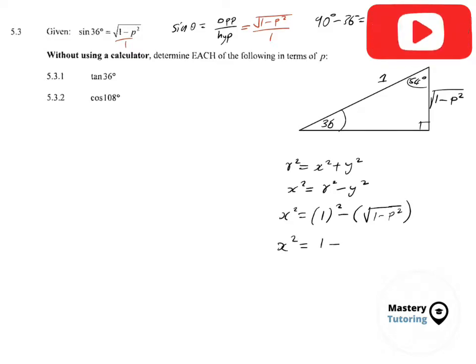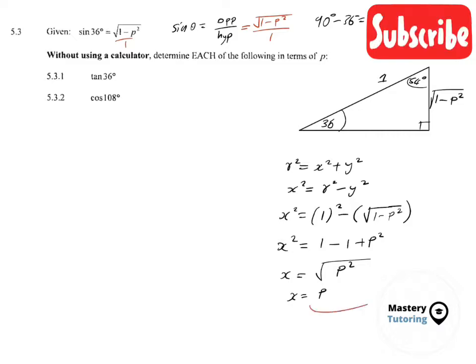This is the same as 1 minus 1 plus p squared. We know that 1 minus 1 is 0, so we're left with p squared, therefore x is equal to p. I'll put this value of p there, so this side is equal to p.